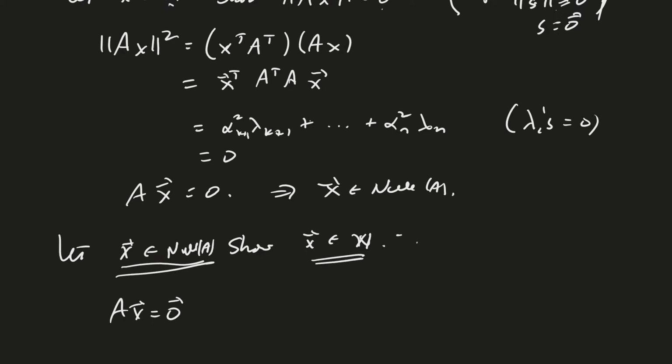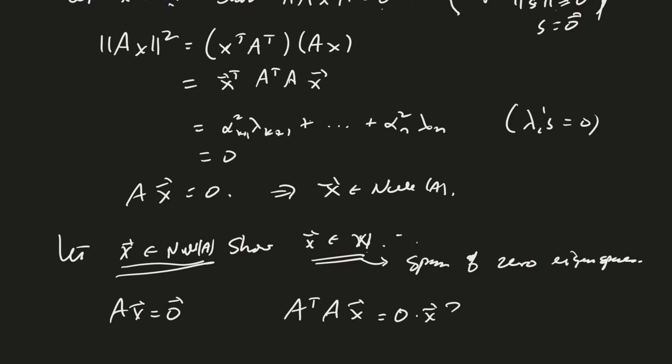In order to show that x is in W, that means that it's in the span of the 0 eigenspace, right? And so what happens if I take A transpose times A times x? Do I get lambda times x? Yes, right? Because A times x is equal to 0. A transpose times 0 is 0. That's equal to 0 times x. Good. Therefore, this vector x is in the span of the 0 eigenspace.